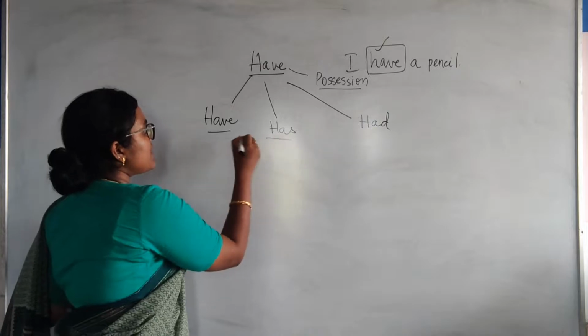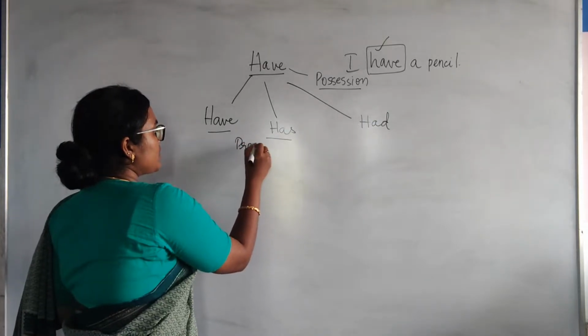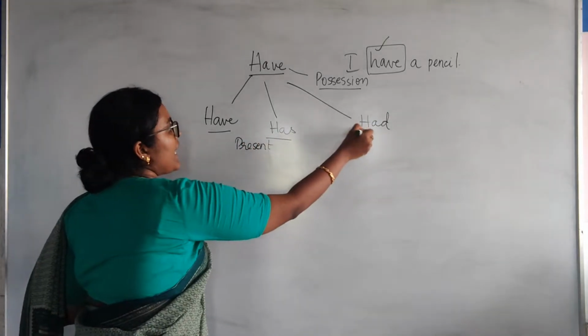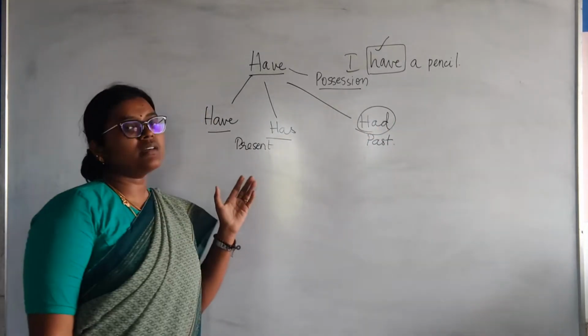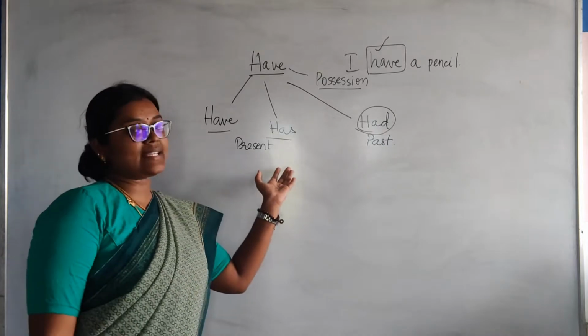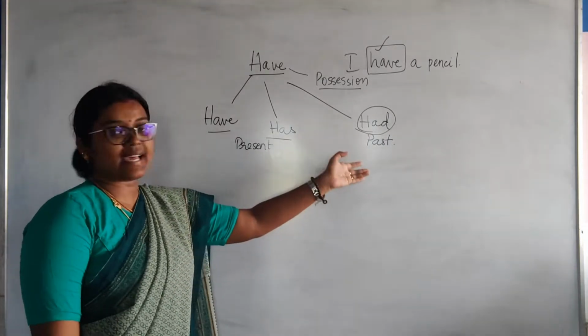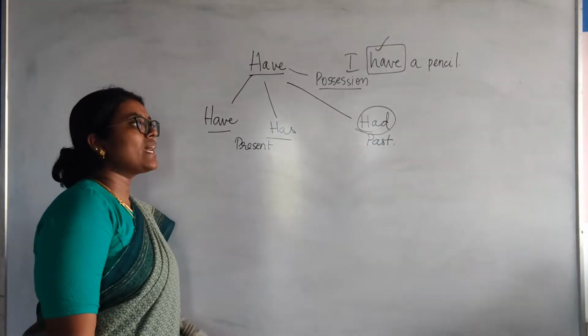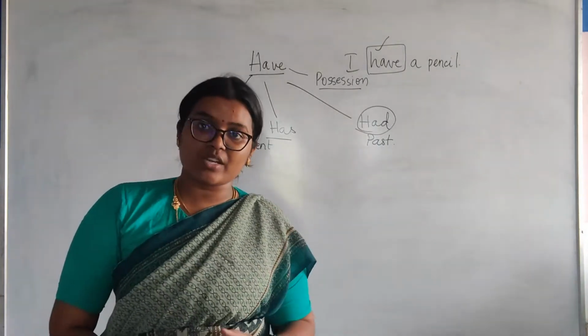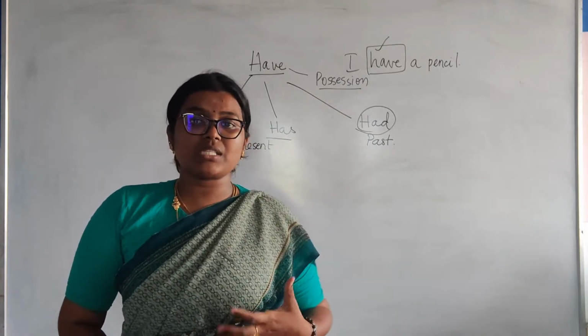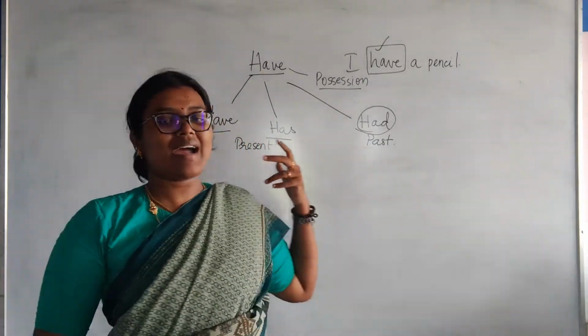Now have and has represent the present tense, and had stands for the past tense. Now, when I say present tense, it actually means that I'm talking about a present possession. When I possess something in the present, I either use has or have.